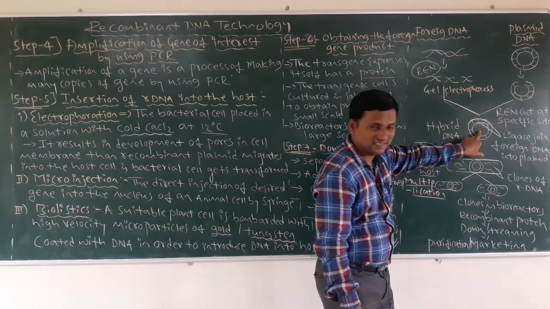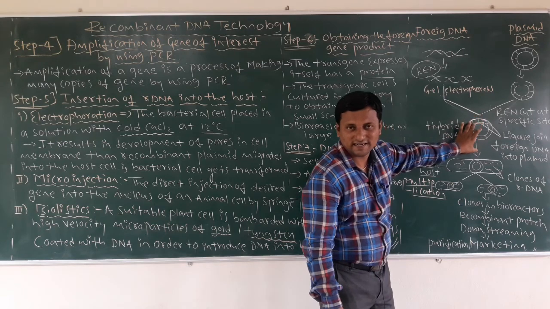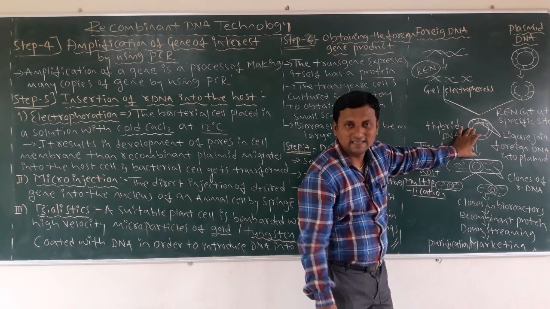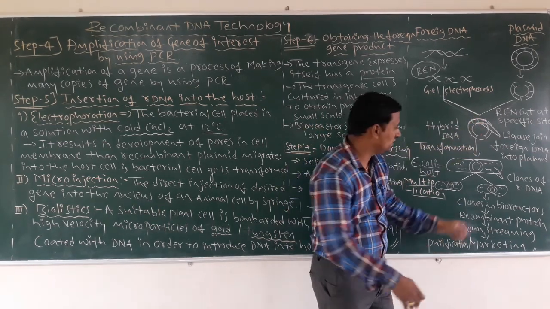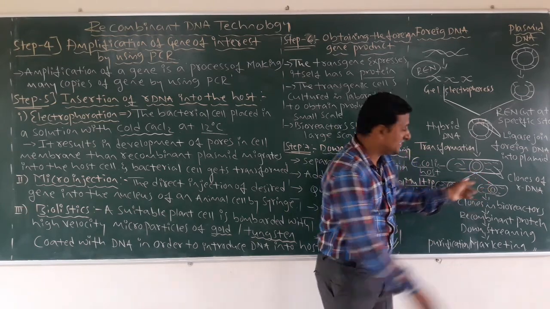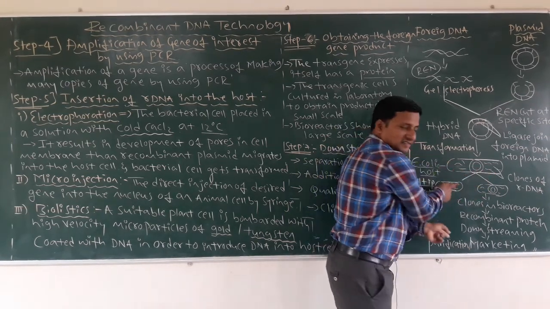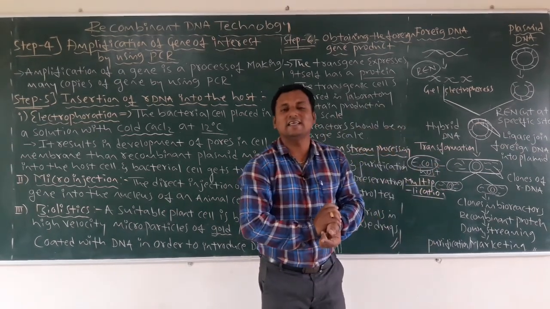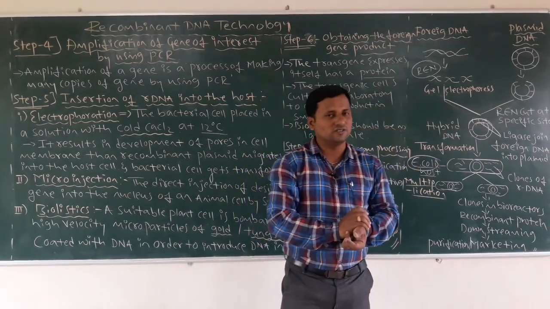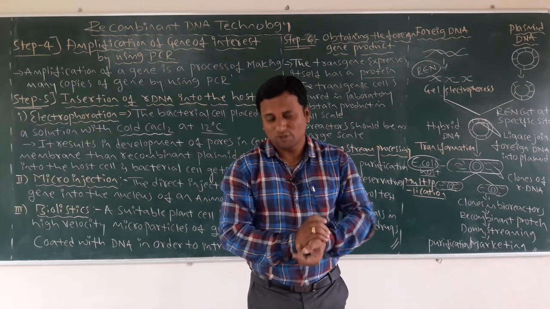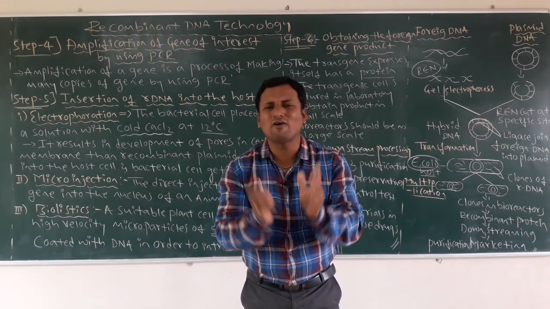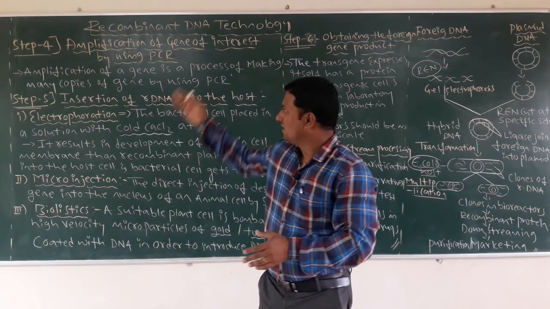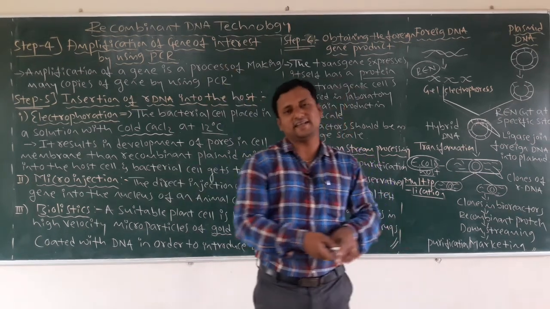After that, this recombinant or hybrid DNA will be inserted into the bacterial cell. This is called a bacterial cell. Which bacteria is it? E. coli bacteria, because it is the most popular one used in recombinant DNA technology.